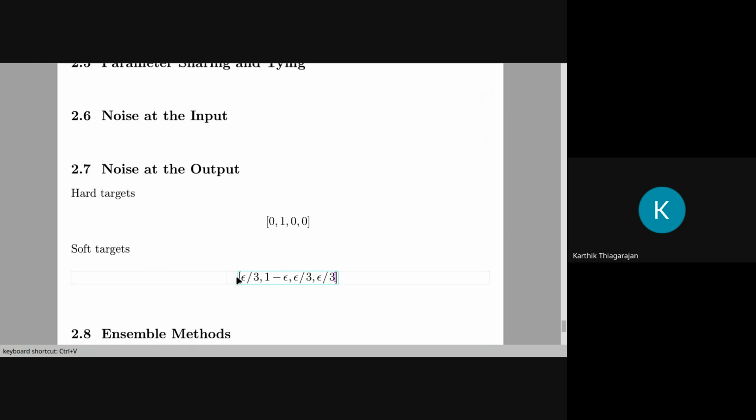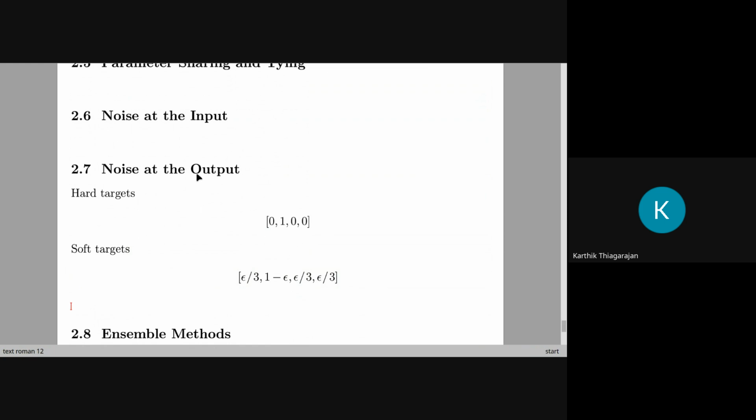You're redistributing a very small amount. This should not be like 0.5, otherwise you can't learn anything. It should be something as small as 0.001. So this becomes a soft target. This is noisy, so it's not exactly one. You're introducing some noise into the output.